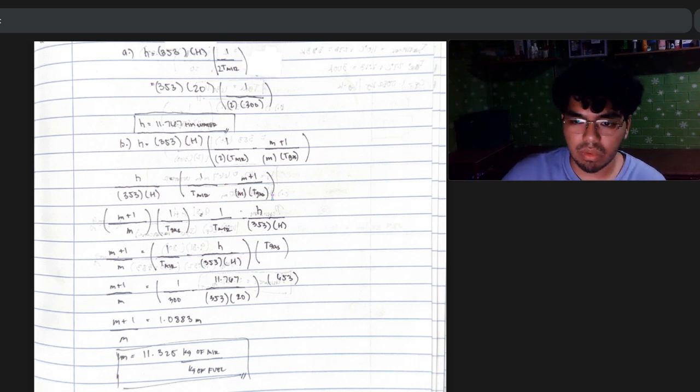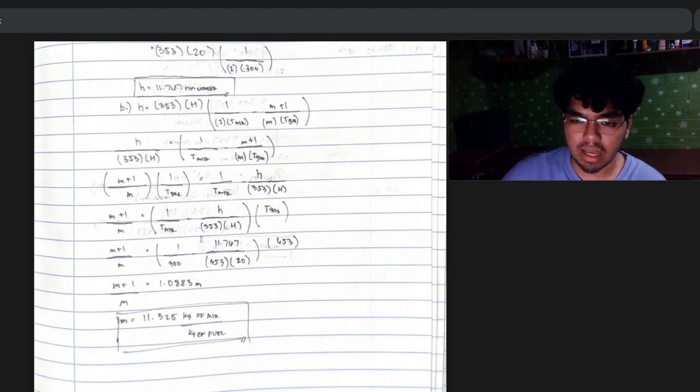So this is what happens: M plus 1 over M times 1 over T gas is equal to 1 over T air minus H over 353 times height. Reciprocate: M plus 1 over M is equal to 1 over T air minus H over 353 times height times temperature gas.